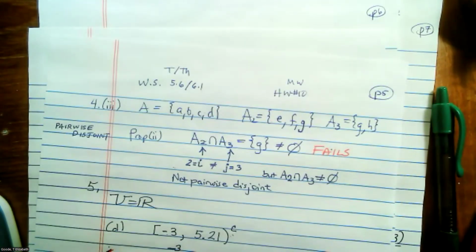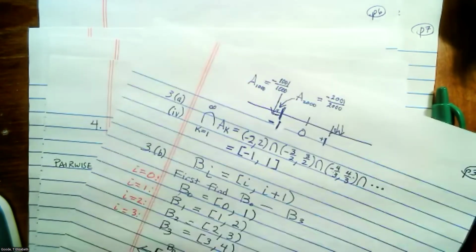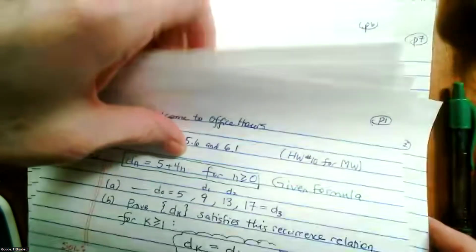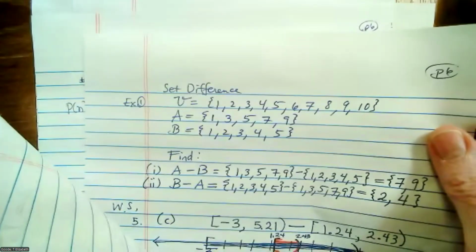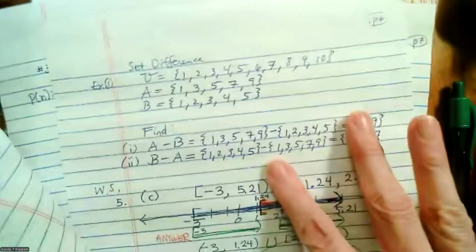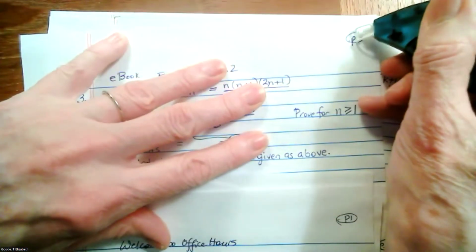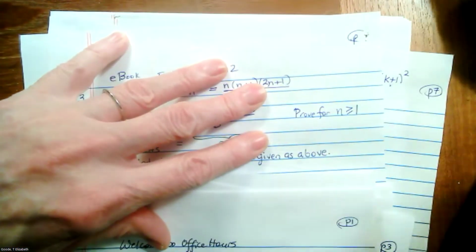So I'll just have to go page 4, page 3. We got like 10 pages of notes. We've been here for like 2 hours and 30 minutes. This page 6 on set differences, y'all were talking about that, and then we started on induction. So this is actually page 7. I'm going to stop recording.